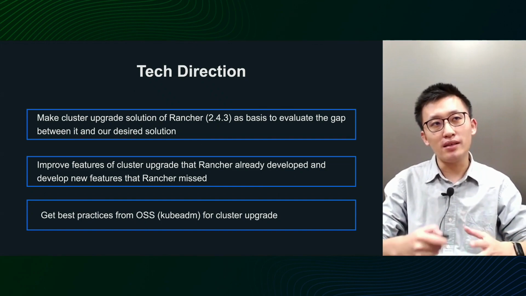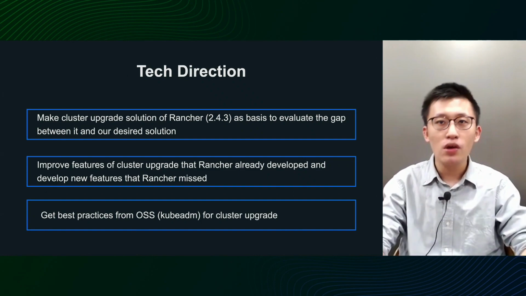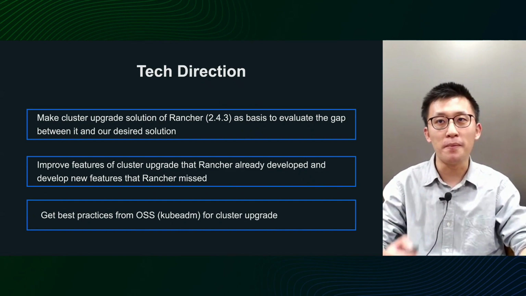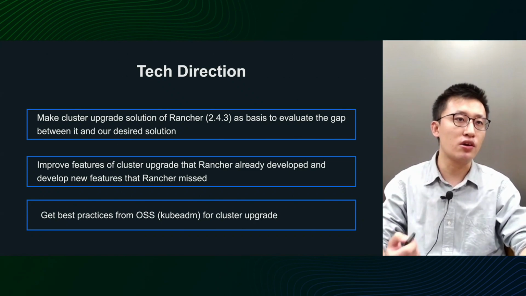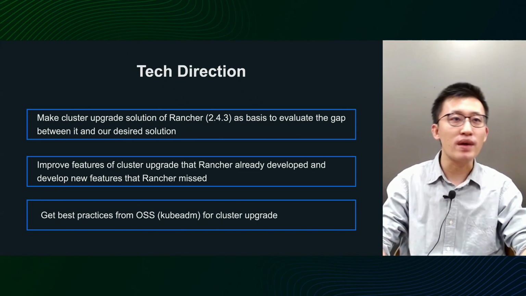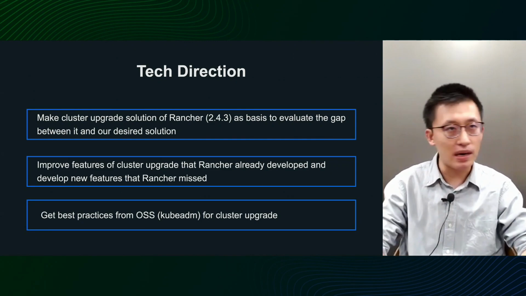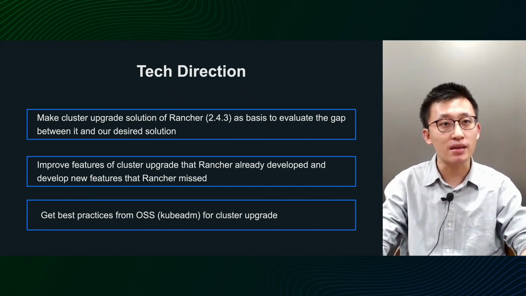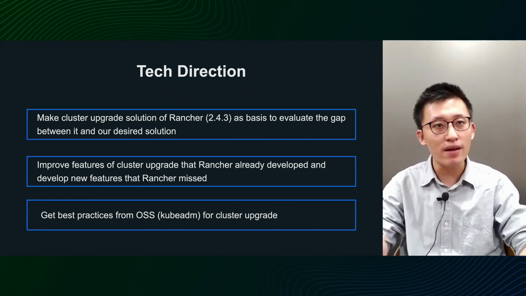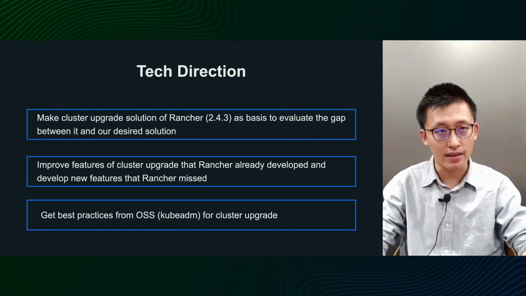And for these new feature implementations, we can also reference some best practices of Kubeadm that we investigated, like, for example, the Kubernetes version skew checking. That part Kubeadm did pretty well, and we can reference it and re-implement it on the Rancher side.